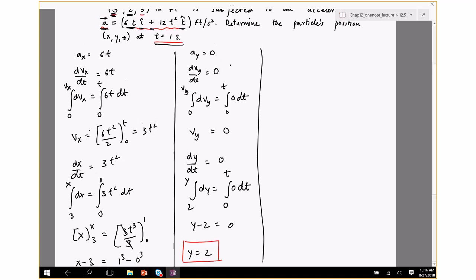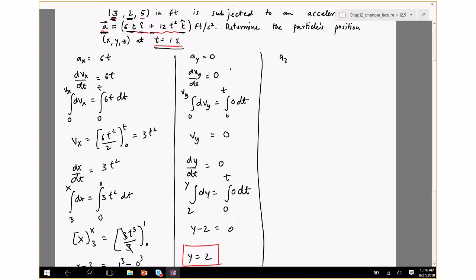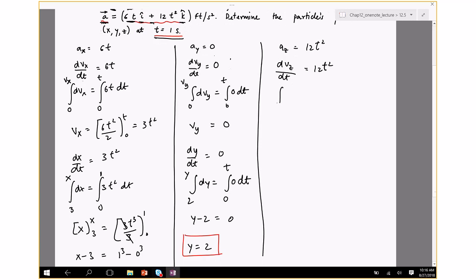Okay, finally, az is 12t squared. So dvz/dt equals 12t squared. So the integral of dvz equals the integral of 12t squared dt. The initial velocity is 0.